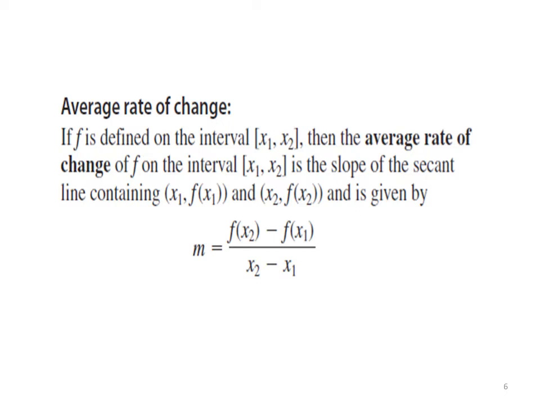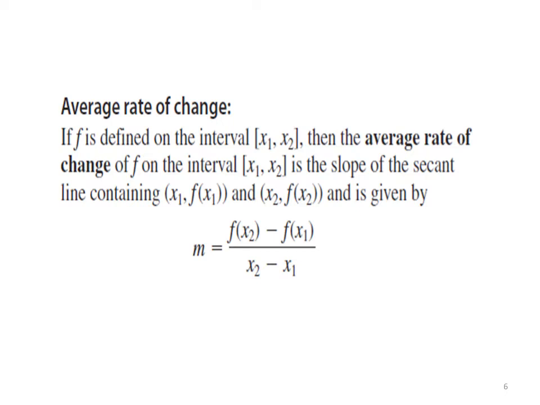This is a line passing through the 2 points, x1, f of x1, and x2, f of x2. Using the definition of the slope, that would be f of x2 minus f of x1 divided by x2 minus x1. So here, remember now, f can be any function.